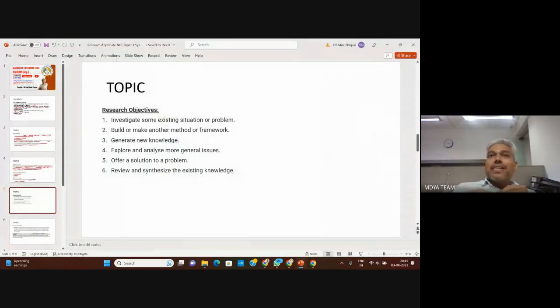A problem means generally any situation with people, with us or in a group of people in the world, and to find the solution for that problem is the statement of the research. So to investigate some existing situation means that some situation is already happening and you are taking it as a problem and doing your research on it. That is the objective, right?